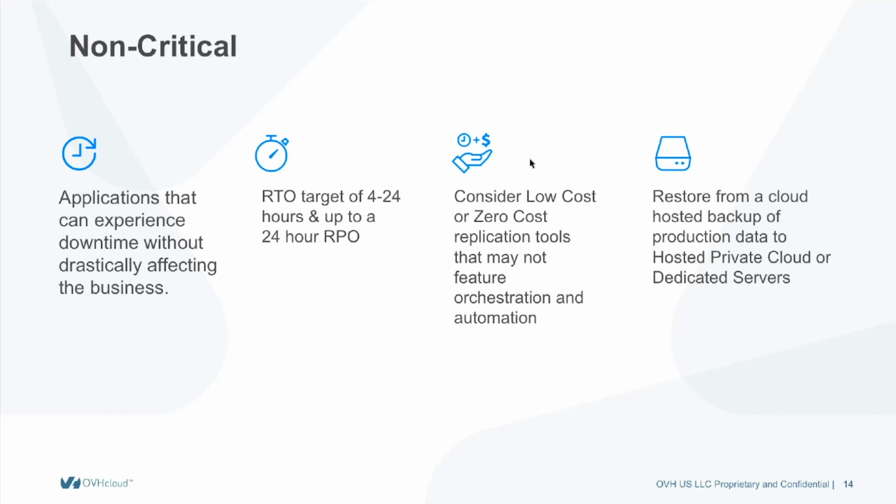If we're spending most of our money to protect our most valuable assets in mission critical and business critical, we want to save money in the non-critical layer. We want to look for tools that have the lowest cost. What that means is they may not be feature rich. They may not offer orchestration or automation. They may have RTO and RPO targets associated with them that fall into the zones I described.